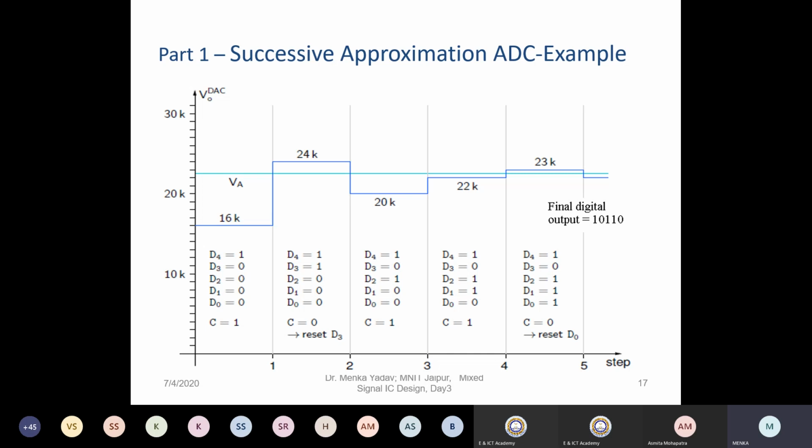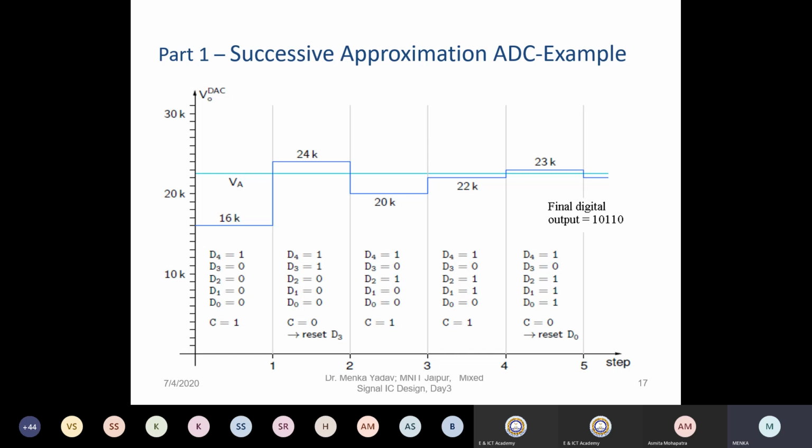In the next cycle, I again set the D2 bit, and then I will check whether I am getting in that range or not. So when you find out 1 0 1 0 0 and compare with this VA, you get 20k, and this is lesser than VA. It means my C is positive, C is equal to 1.